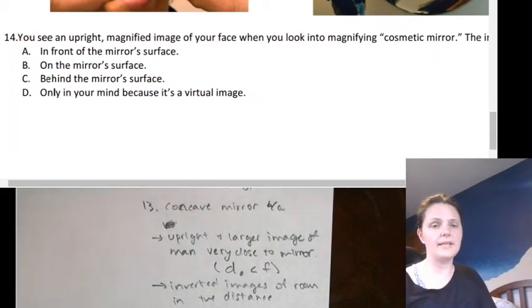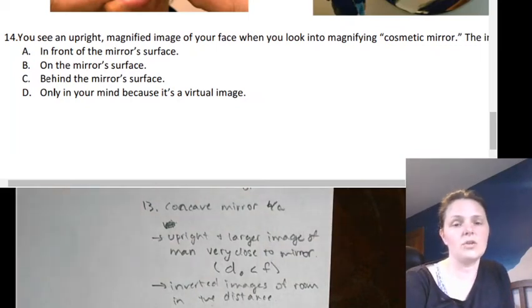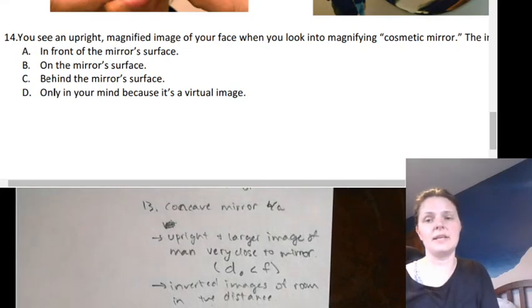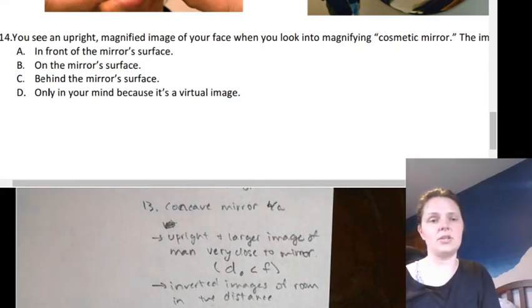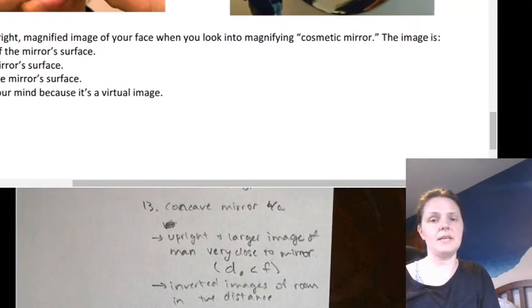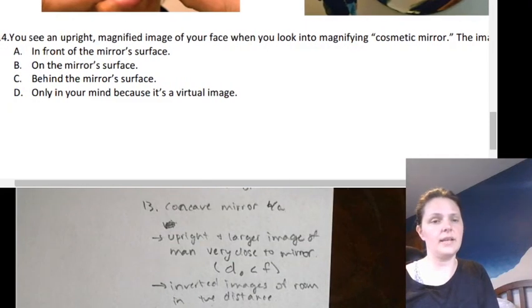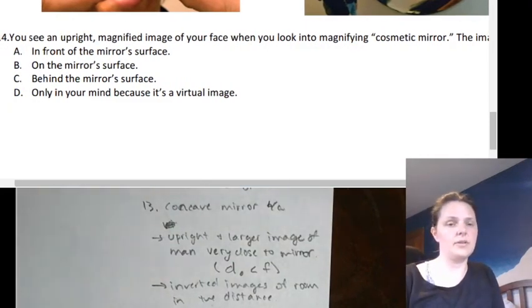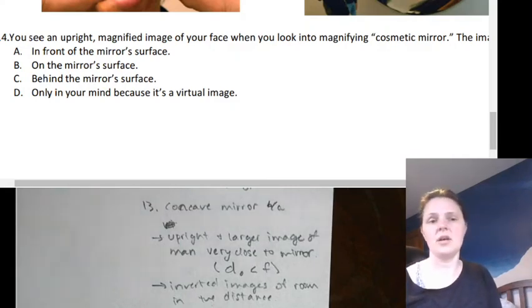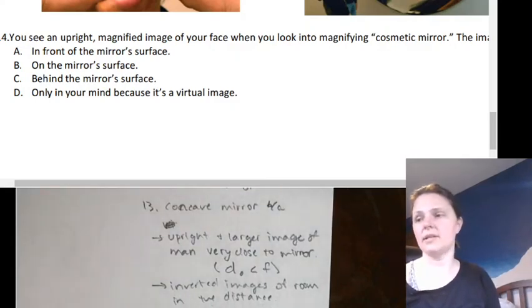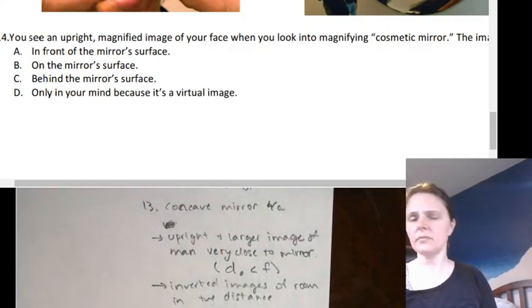You see an upright magnified image of your face when you look into a cosmetic mirror. This means that the image must be, is it in front of the mirror surface, on the mirror surface, behind the mirror surface, or only in your mind because it's a virtual image.